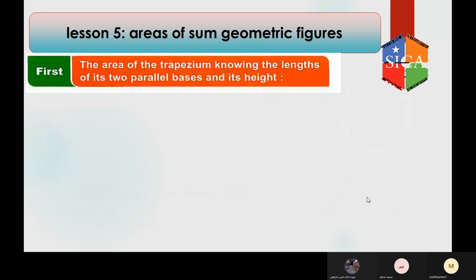Now we'll learn how to get the area of a trapezium, knowing the length of its two parallel bases and its height.